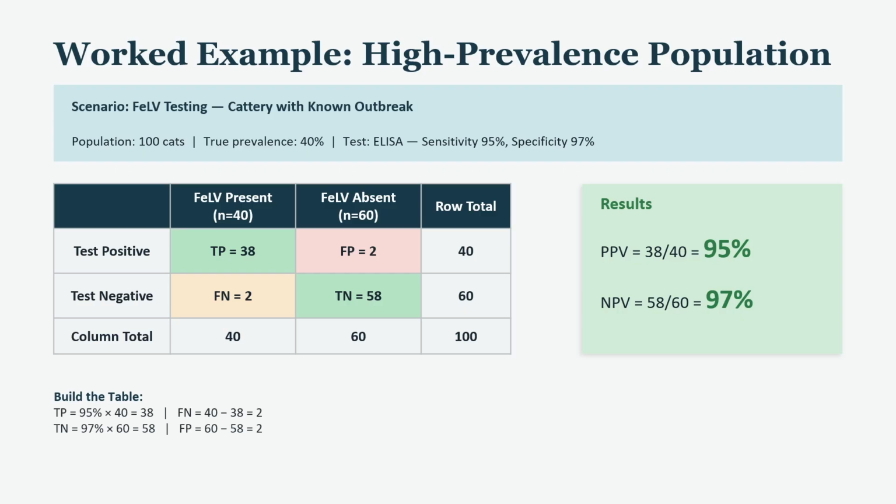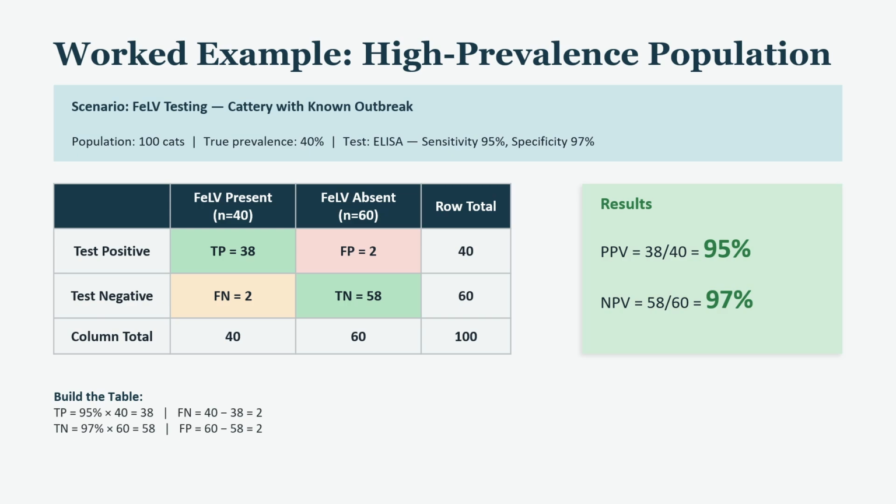NPV equals 58 divided by 60, which is 97%. If a cat in this cattery tests negative, there's a 97% chance it's truly FeLV free. Both predictive values are excellent here. That makes sense. In a high prevalence environment, a good test performs very well in both directions.